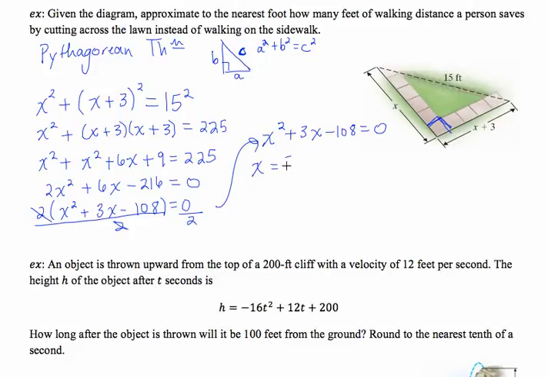So let's just write it all in here. Negative b will be negative 3 plus or minus the square root of b squared is 3 squared, which is 9, minus 4 times a, that's the coefficient there, is 1, times c, negative 108, all over 2a.